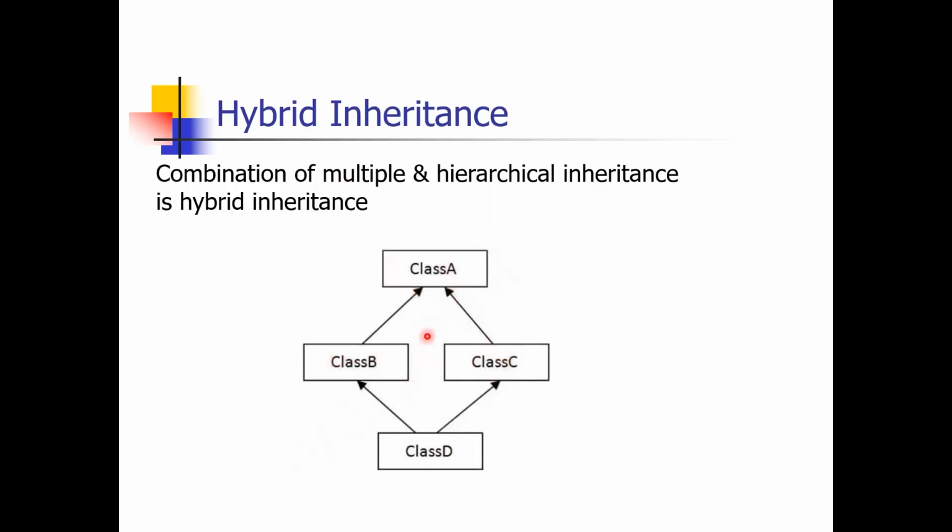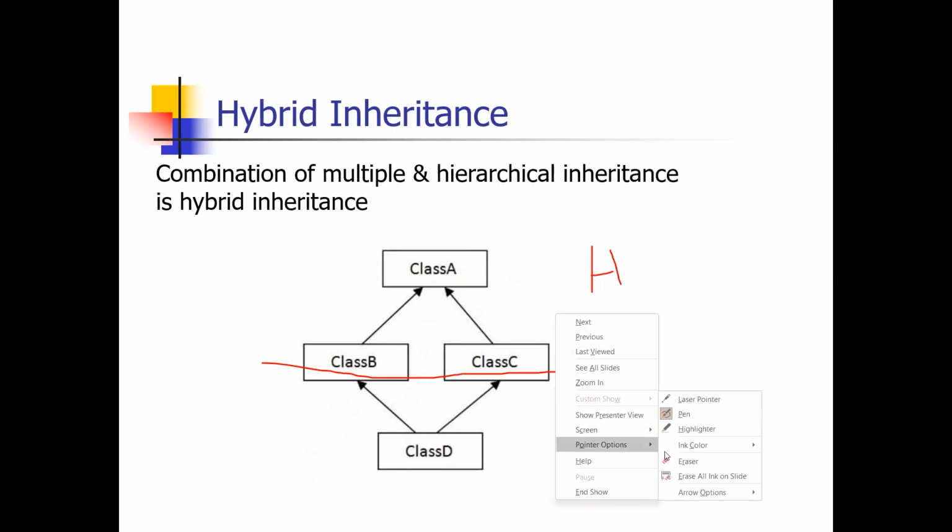This is hierarchical. See here, this upper one behaves like hierarchical inheritance, and the lower one behaves like multiple inheritance, and the whole together behaves like hybrid inheritance.